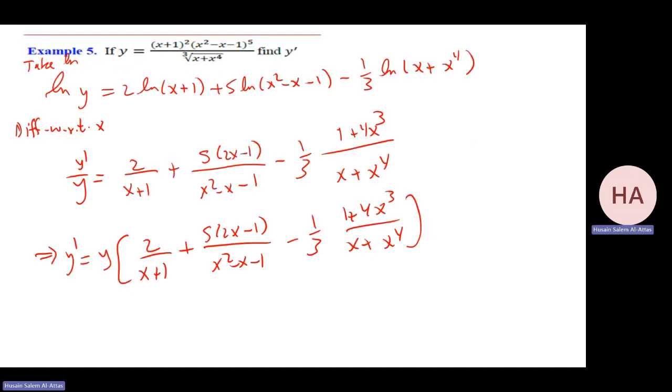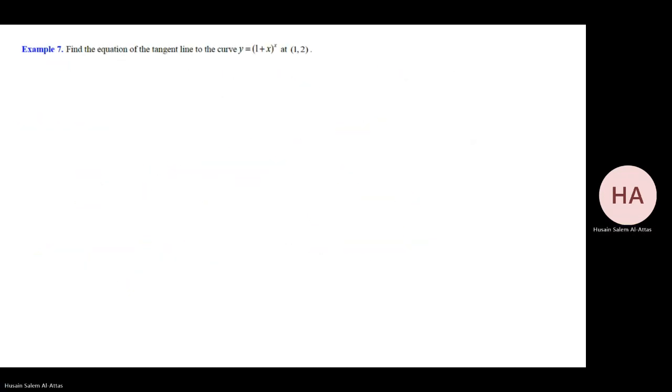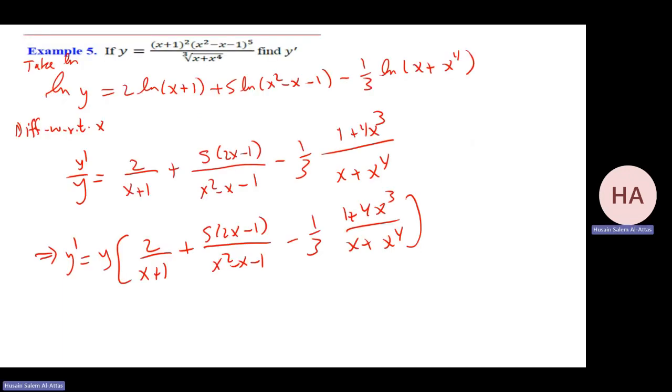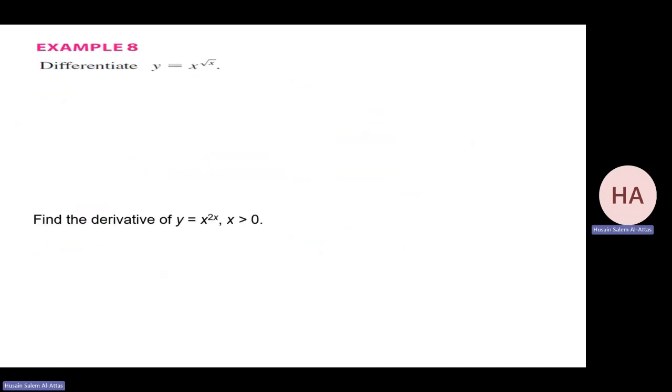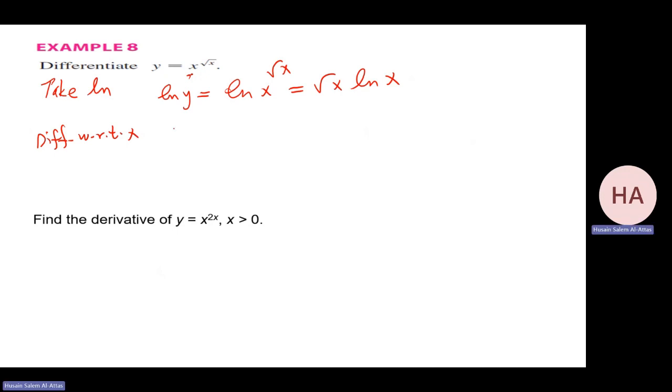Yeah, let me stop here, or let me do this, then I will stop. Where we have a function to the power of a function, this is for sure I need to take ln. So I have ln y equal ln of x to the power square root of x. So I have square root of x times ln x. Now differentiate with respect to x. Get y prime over y.